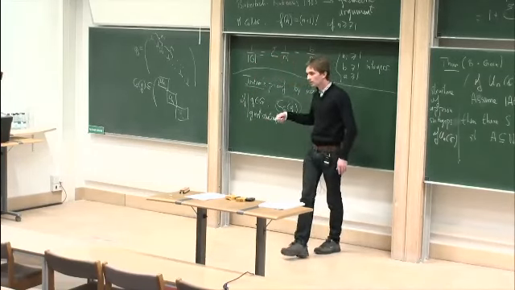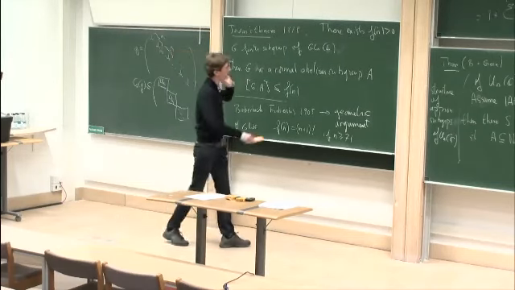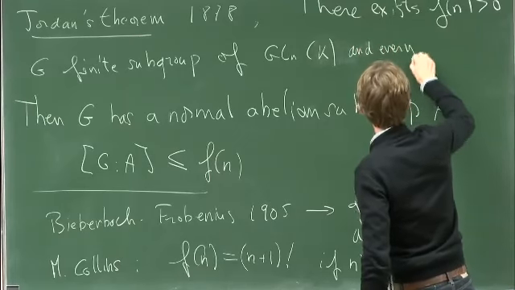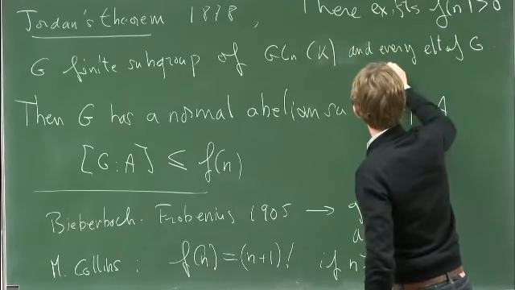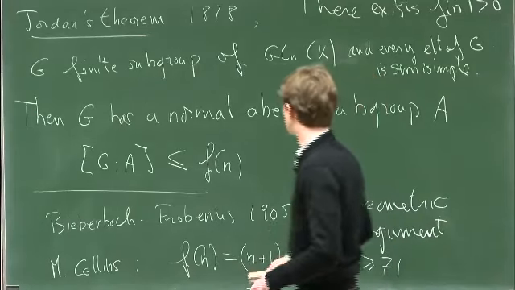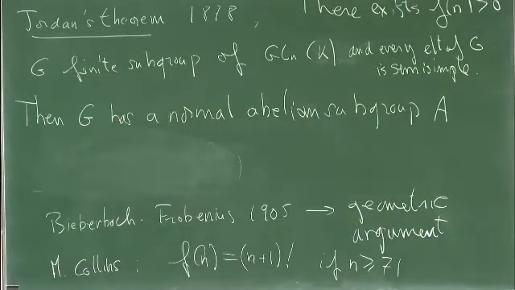In fact, Jordan proves something slightly better than that. His proof shows that if you take any field K and you assume that every element of G is semi-simple, so it can be diagonalized in some basis over the algebraic closure of K, then G has a normal abelian subgroup of bounded index.